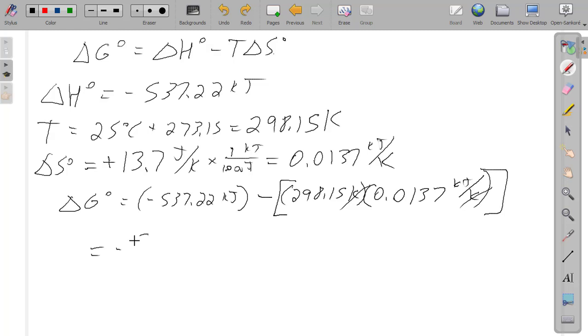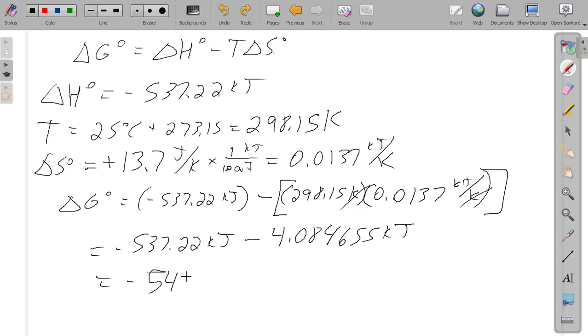So it's going to equal minus 537.22 kilojoules. Now this stays minus because this was positive, so it doesn't change it. Had this been a negative value of entropy, that would have modified this into a positive, but it's still minus. And the result of that is 4.084655 kilojoules. So we end up with negative 541.304655 kilojoules.